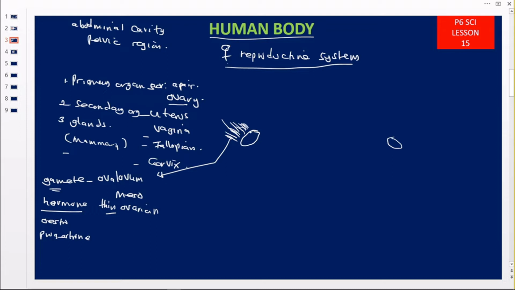As it is being produced, it has to be received, so it is received by a tube-like structure. If I try to draw it here, this tube-like structure is what we call the fallopian tube.